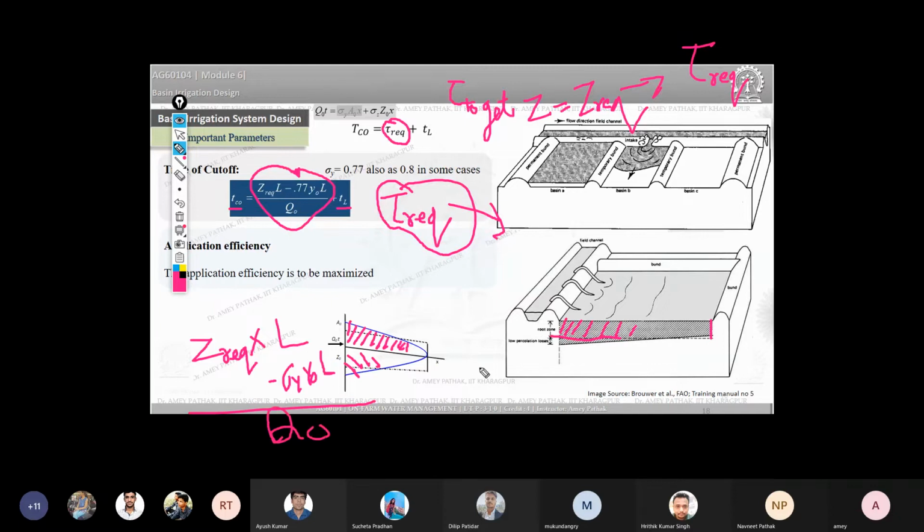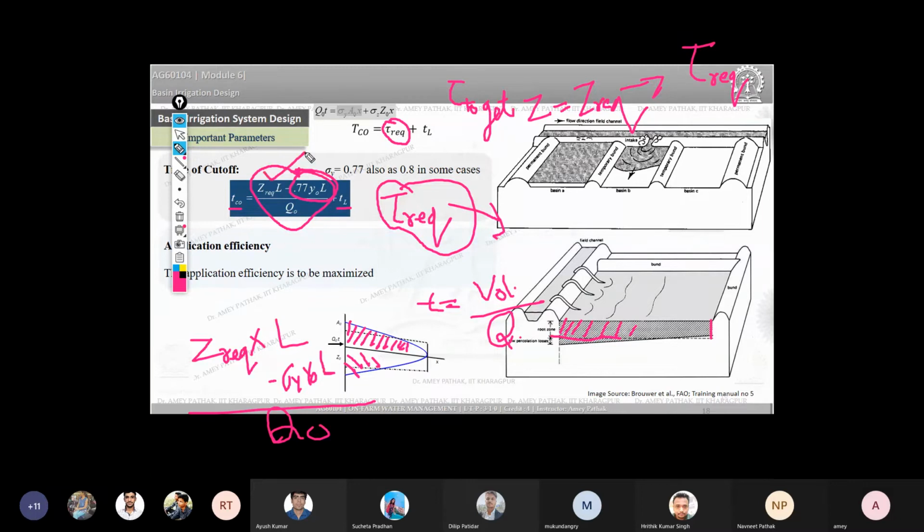This is essentially the equation similar to T equal to volume divided by Q. We are just talking about this volume, not the surface storage.